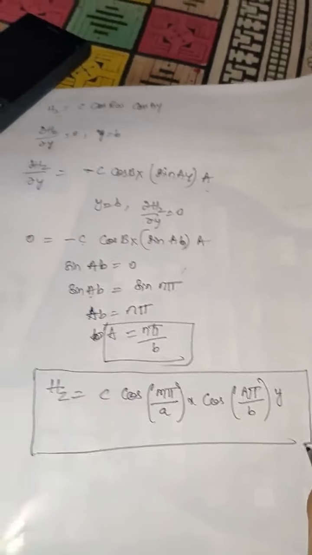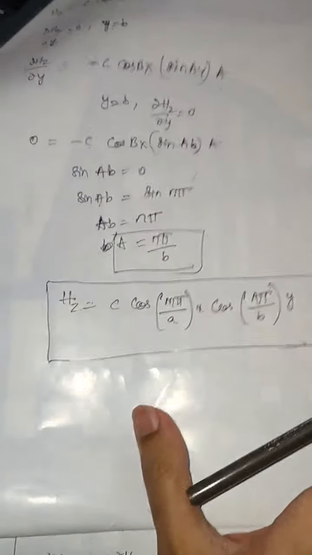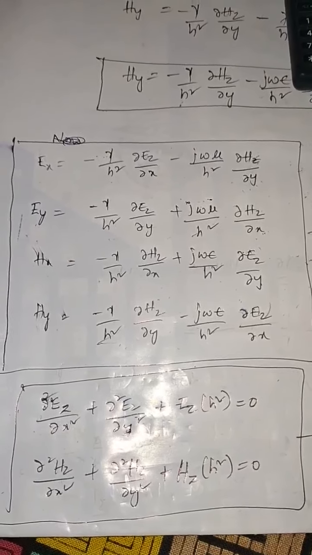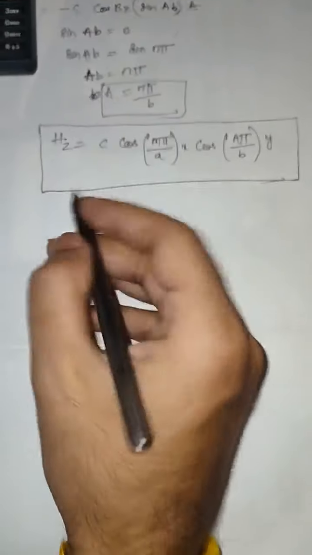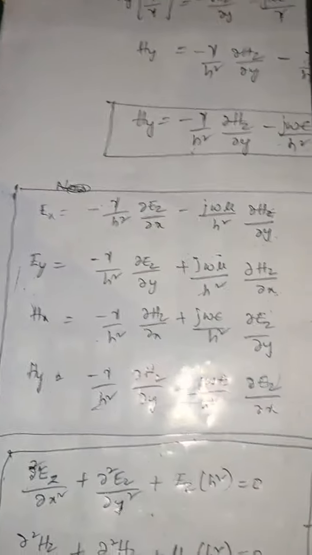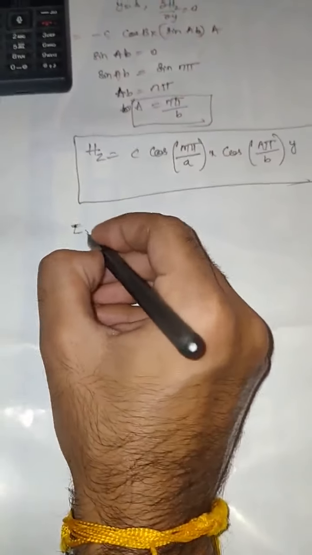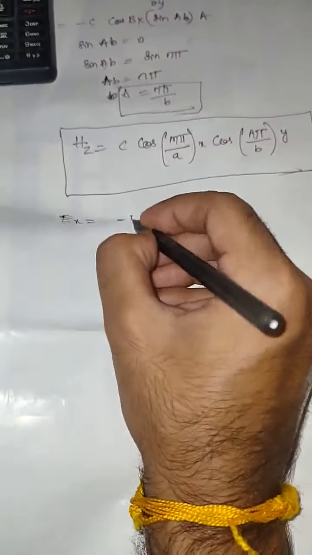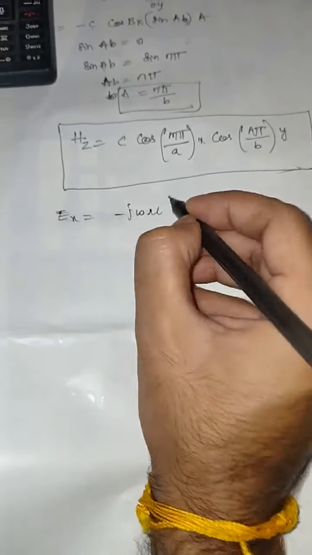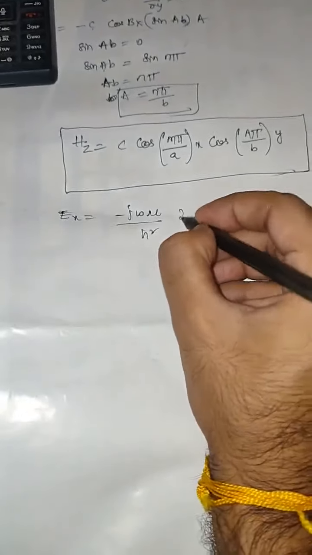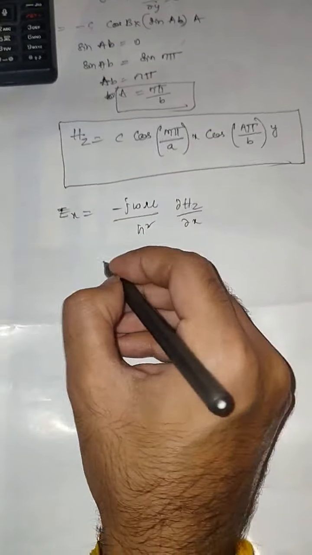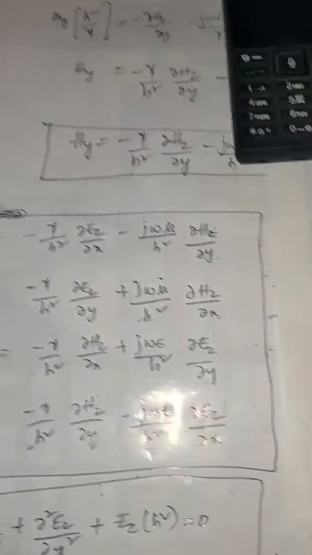Now we want the Hx and Hy expressions. Using these equations, we can easily find Ex, Ey, Hx, Hy. We have already found the Hz equation, so we'll take these equations. Ex can be obtained as Ex is equal to minus jωμ/h² times ∂Hz/∂x.